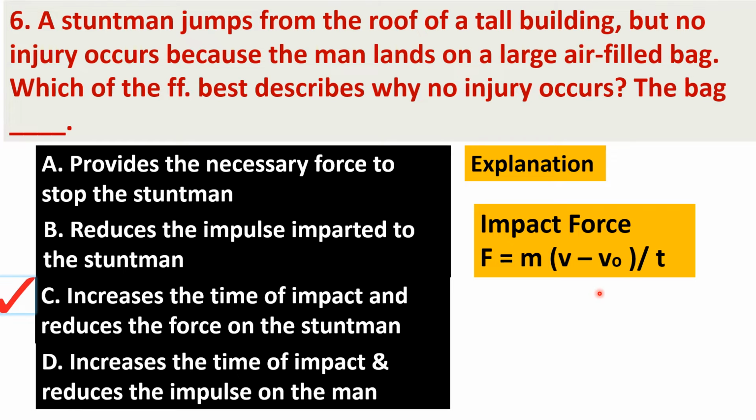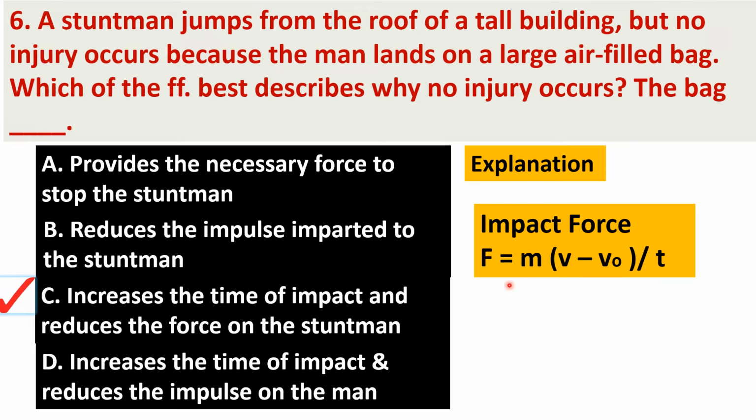You will notice here that the variable delta t, or time t, has been moved to the right side of the impulse change in momentum equation. So it's now in the denominator. Since we are interested in describing the amount of impact force, we put the time of interaction on the other side of the equation.